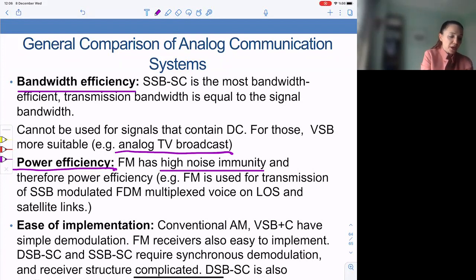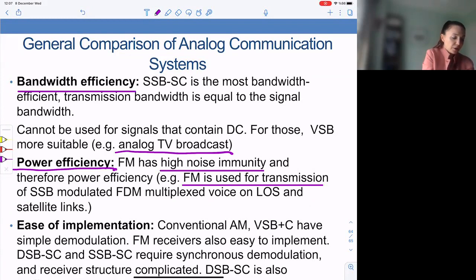Because of this high noise immunity, FM is usually used for transmission of SSB modulated and FDM multiplexed voice on line of sight and satellite links. So first use SSB to modulate voice and FDM multiplex many channels, and then transmit them by FM to get extra noise immunity.